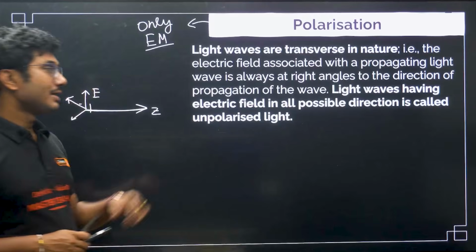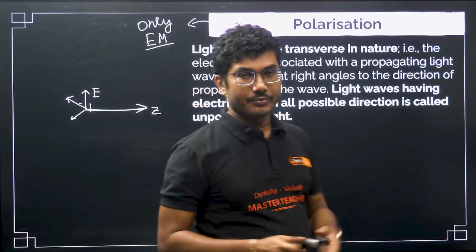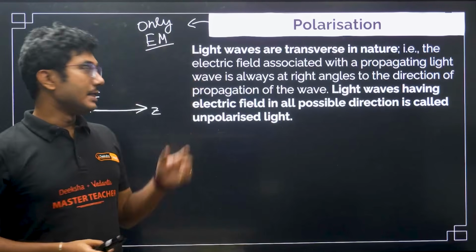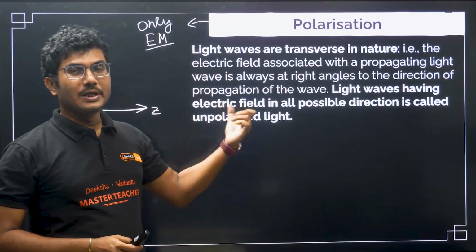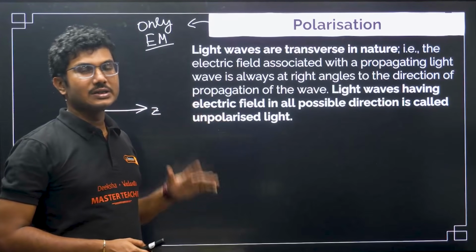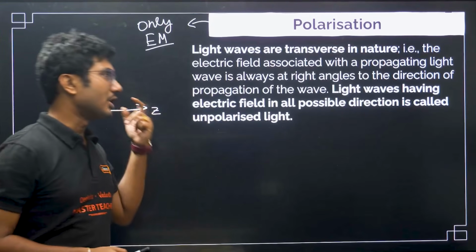So, normal light that we observe coming from the sun, coming from sources, here all possible electric fields are present. It is called unpolarized light.